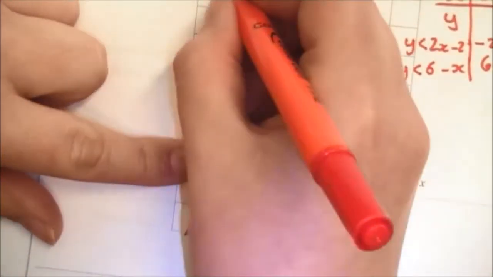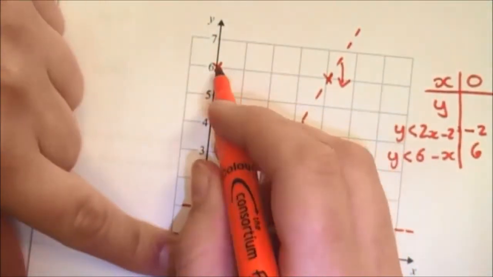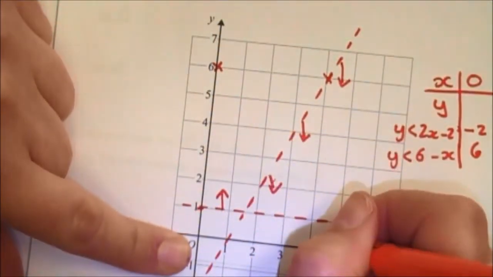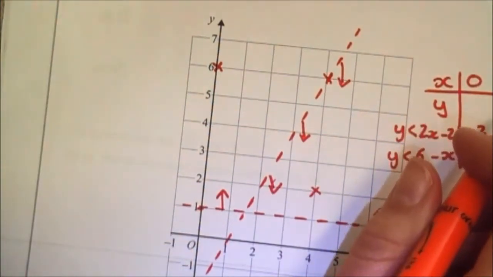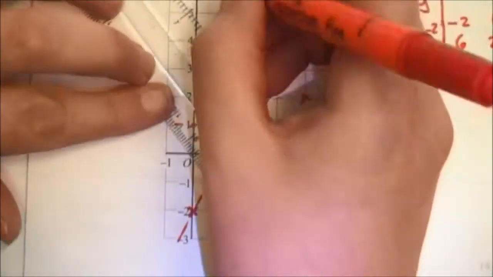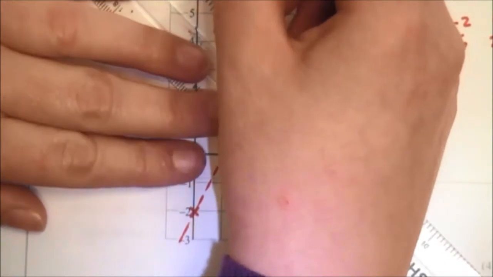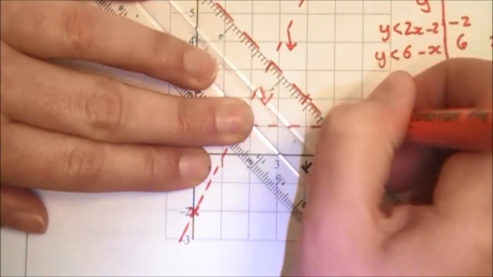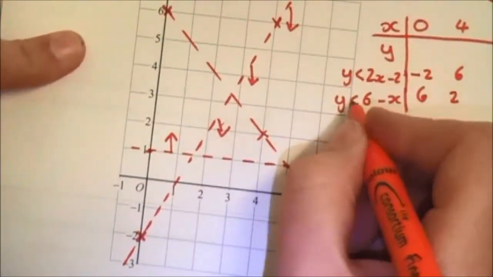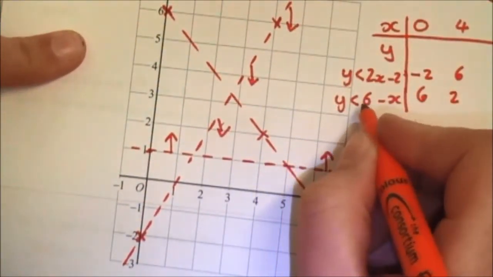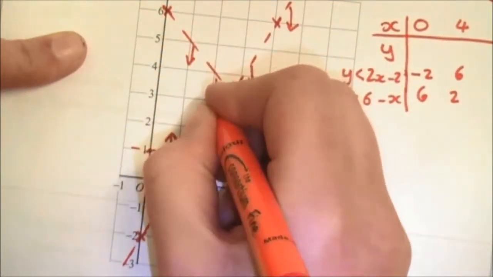So 0, 6, and 4, 2. So I'm going to add that line in. Again, it cannot be equal to, so it's a dotted line. And I'm interested in the points where y is less than the line, so it's anything underneath the line.